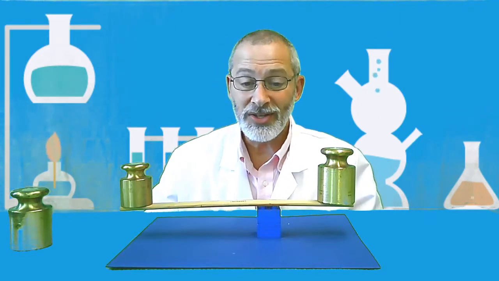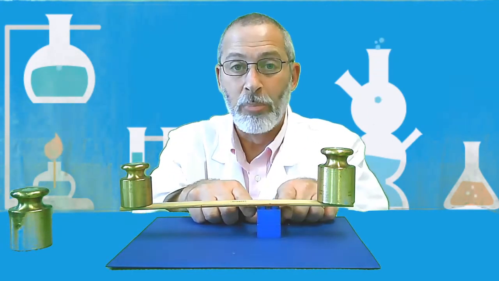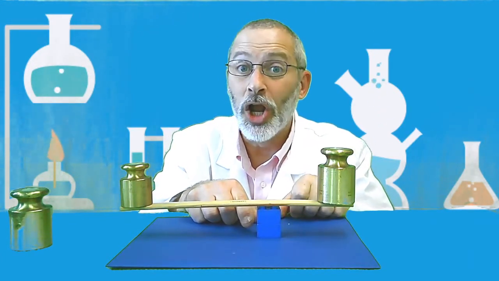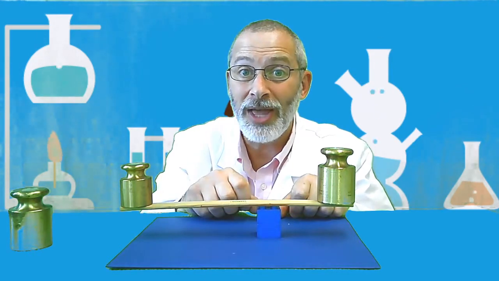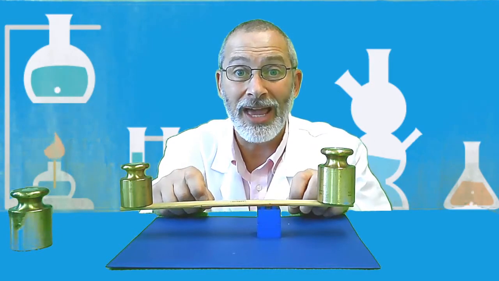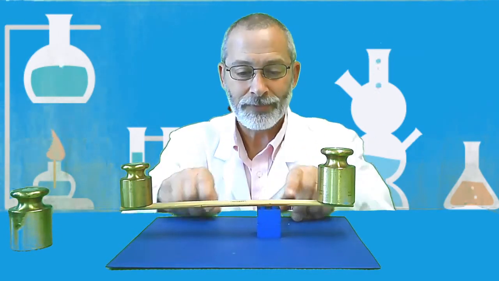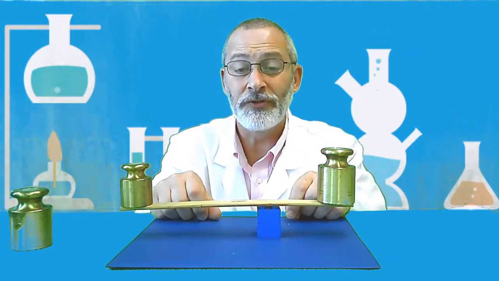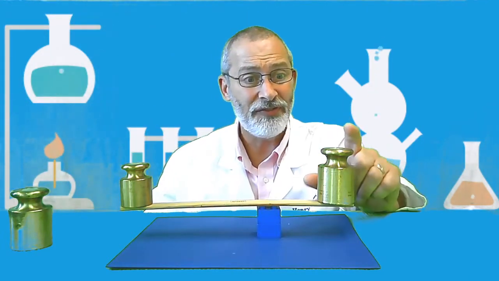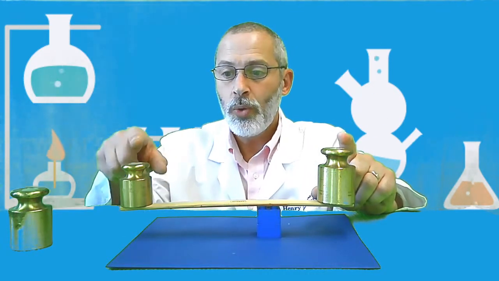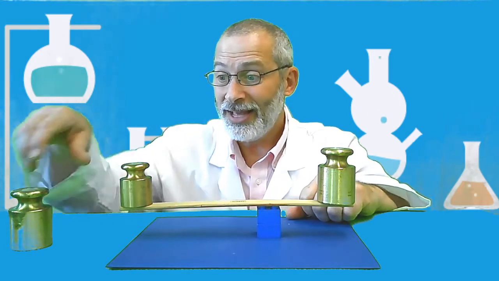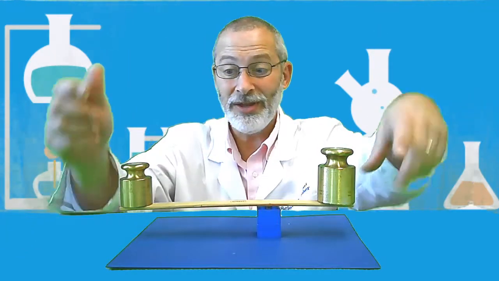If you noticed that I moved this block, this fulcrum, closer to the larger mass, you're exactly right. I have turned this little seesaw into a machine simply by moving this fulcrum over. And I am accomplishing a task of lifting 1 kilogram with only a half a kilogram. I think that's pretty cool. That's using our noggin, if you think about it.